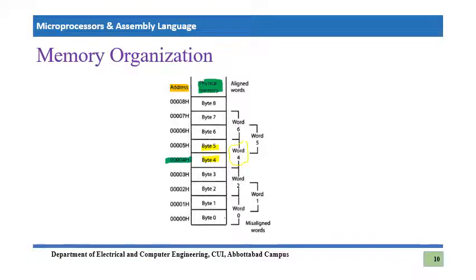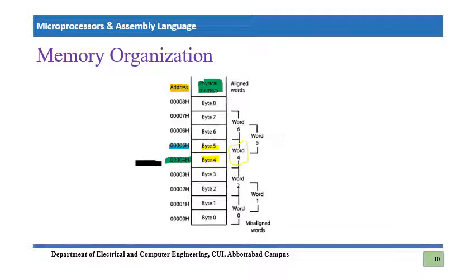So byte 4 is stored at 004, while byte 5 is stored at 005. So which one of them is basically lower address? This one is lower address, byte 4, and byte 4 is least significant byte. So least significant byte is stored at even address. 004 is definitely an even address.